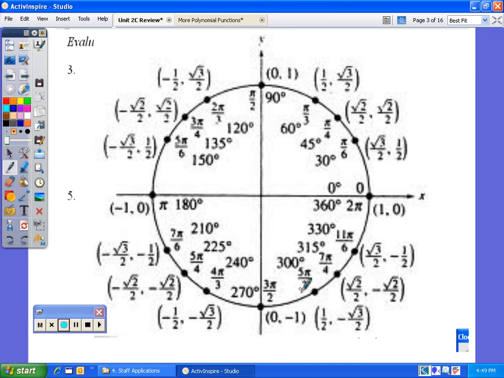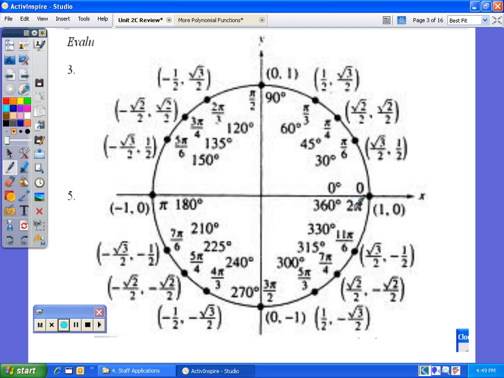The other way you can remember your unit circle is to count to 12. So 1 over 6, skip 45, 2 over 6, 3 over 6, 4 over 6, skip 135, 5 over 6, 6 over 6, 7 over 6, skip 225, 8 over 6, 9 over 6, 10 over 6, skip 315, 11 over 6, and altogether that would be 12 over 6.